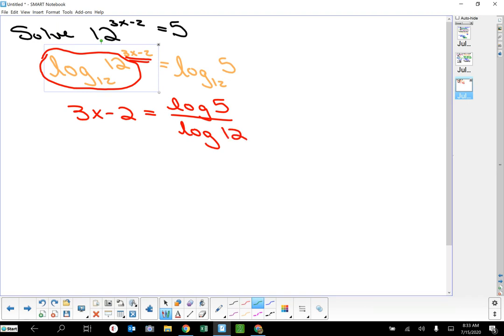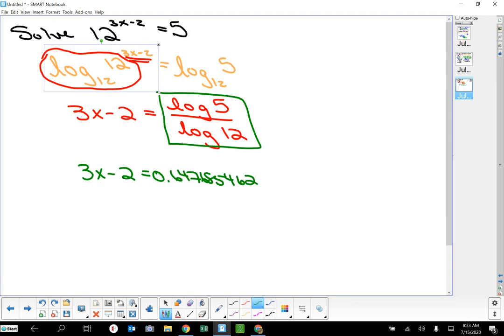So evaluate this as a decimal. Log of 5 divided by log of 12, and I get 3x minus 2 equals 0.647685462.